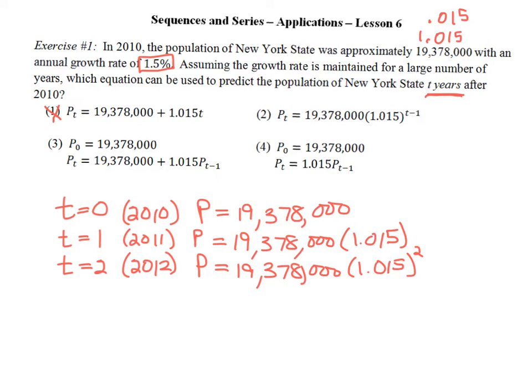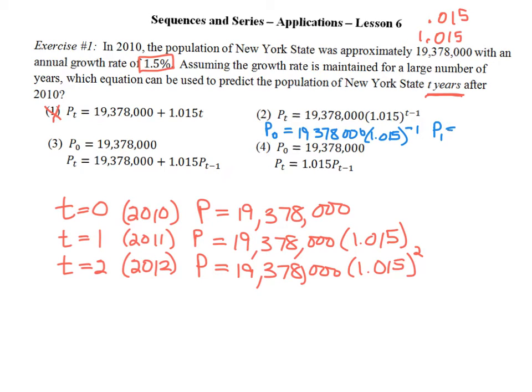So for example, if I've got that T is equal to 0, that would mean P of 0 would be equal to 19,378,000 multiplied by 1.015 to the 0 minus 1, which is negative 1. That makes my 1.015 being raised to the negative 1 turn out to be a fraction, and that's not what I want. Let's go further and see what happens at time 1.